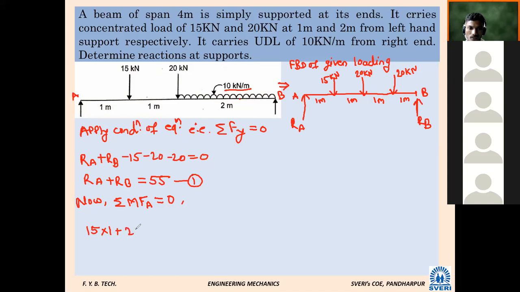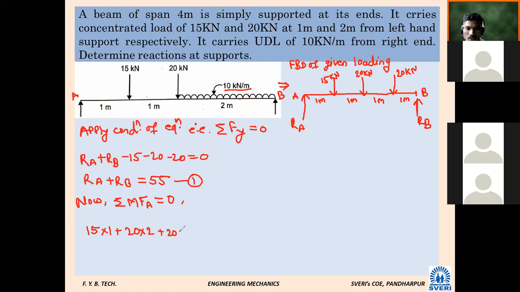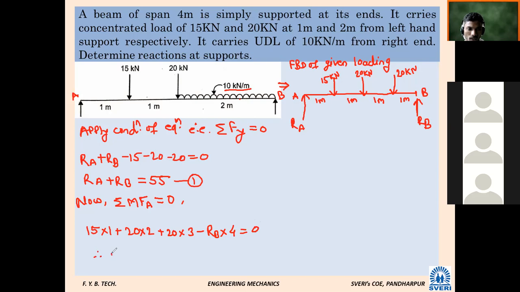Clockwise, positive, into 1. The 20 kilonewton force? Clockwise, positive, into 2, the distance from A. For the next 20 kilonewton force, 20 into distance 3. What about RB? Anti-clockwise, RB into the total distance 4, equal to 0. Calculate this and tell me the value of RB.